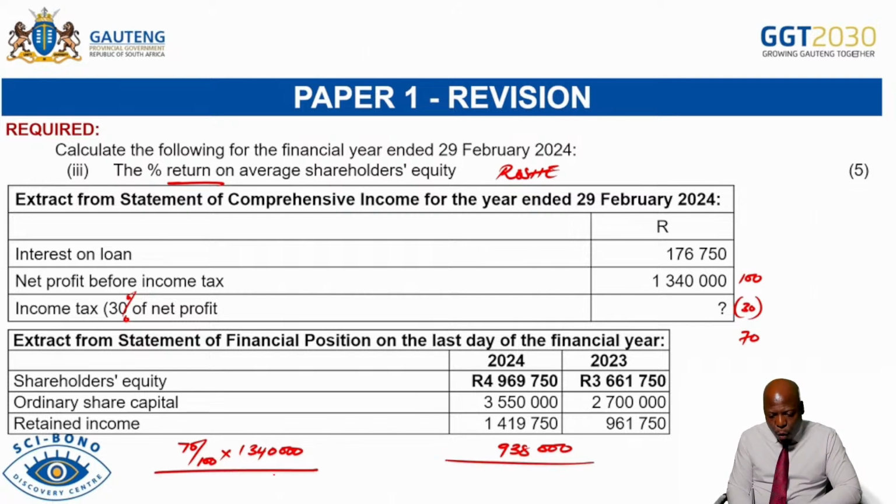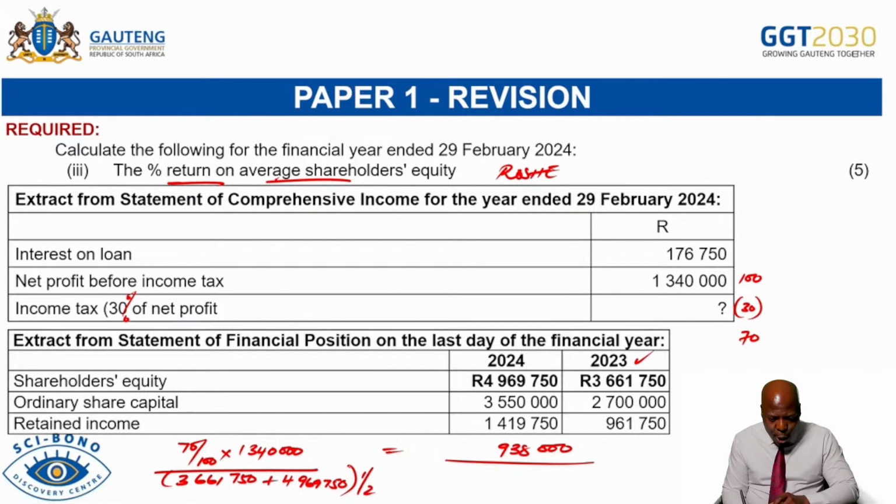I know here it's my net profit after tax over average shareholders' equity. That simply means I'm taking my shareholders' equity in 2023, which is 3,661,750, then I'm going to add the 4,969,750, and then I average these.